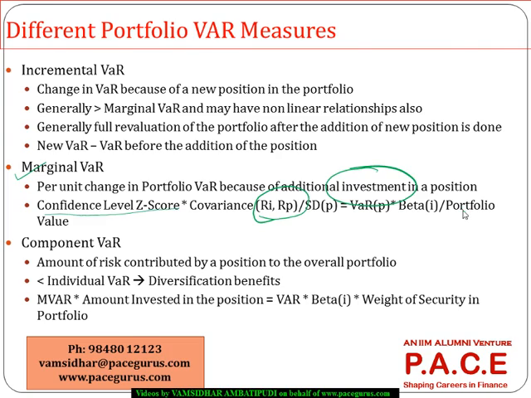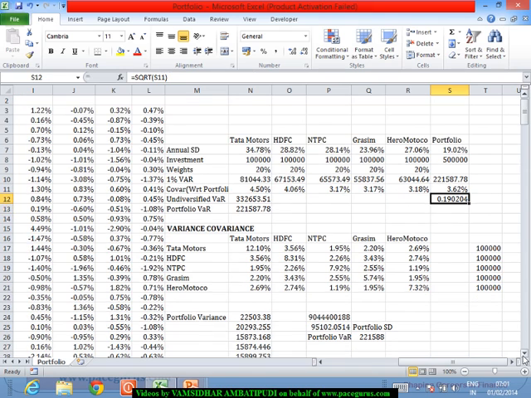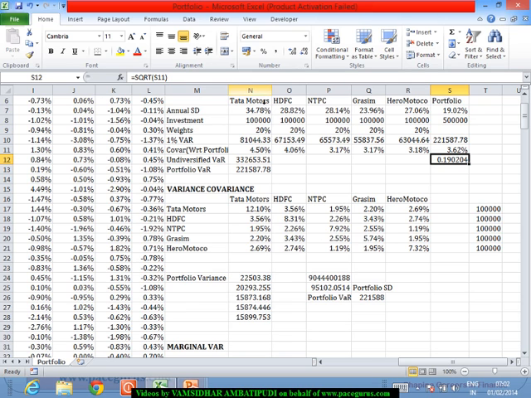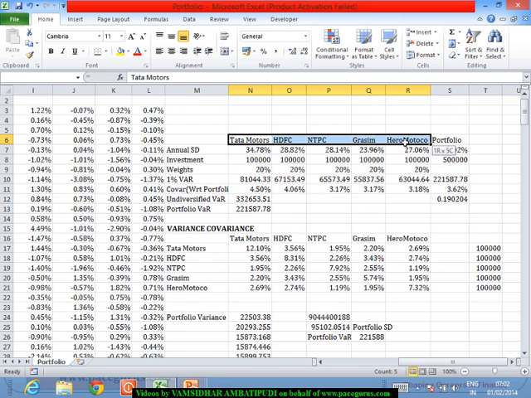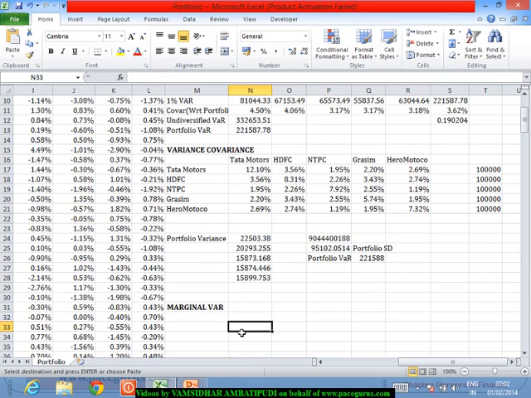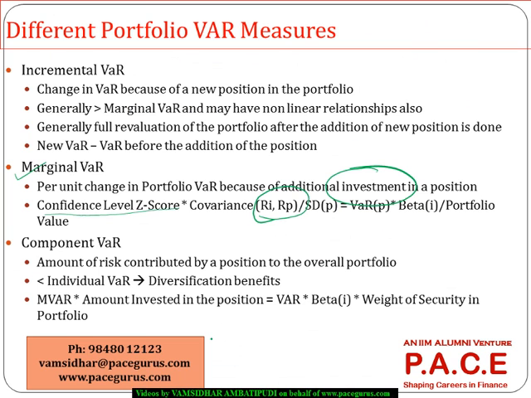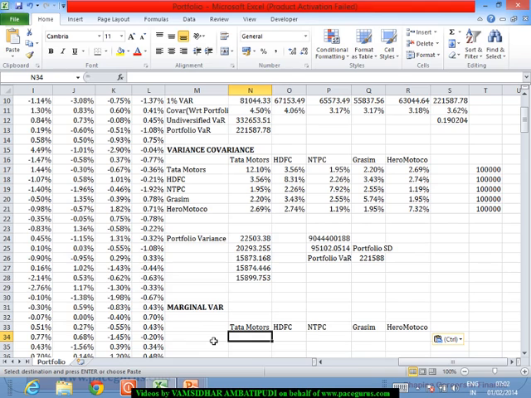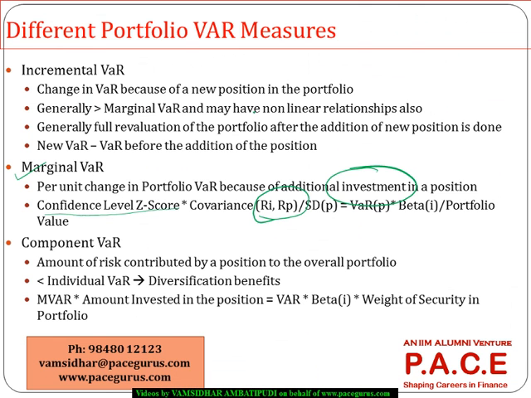Now, straightforward, if I want to know the marginal VAR associated with each of these 5 securities, all I need to take is the confidence level Z score, 2.33, multiplied by the covariance between these two, divided by the standard deviation of the portfolio.